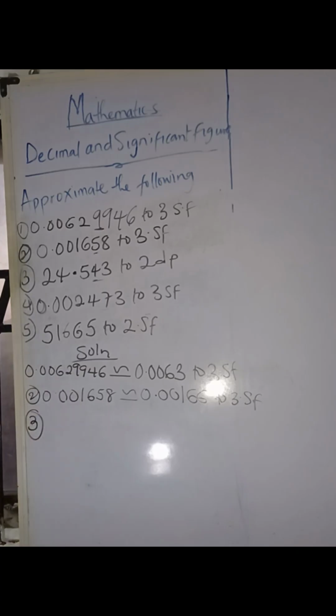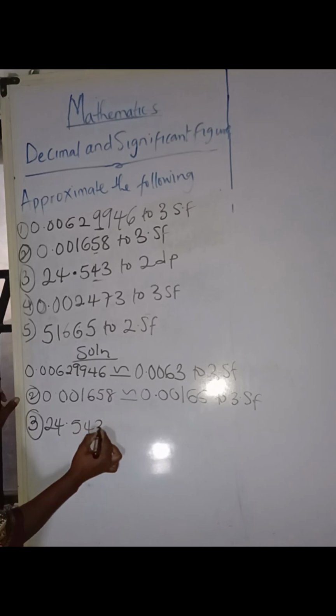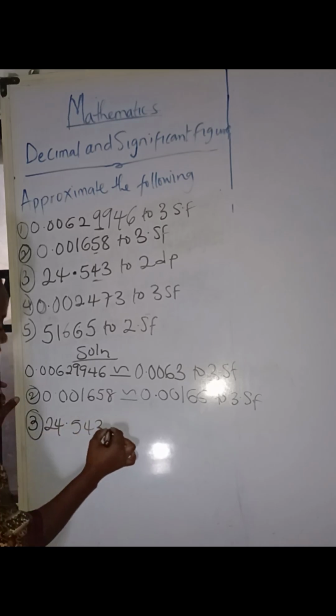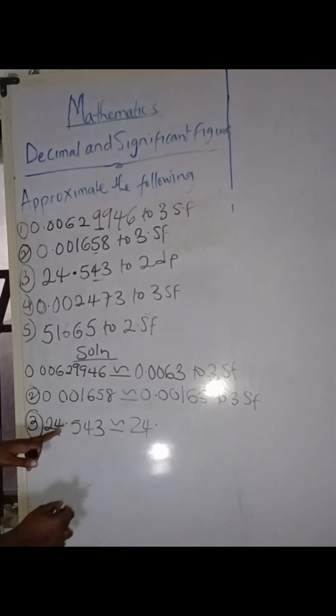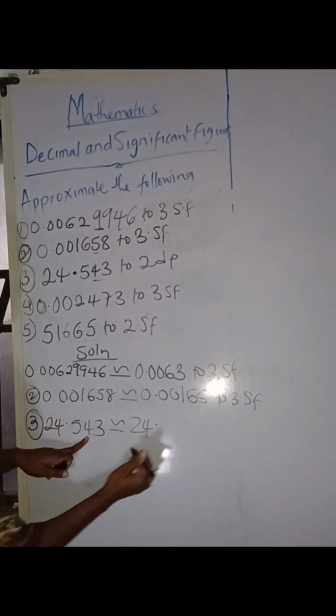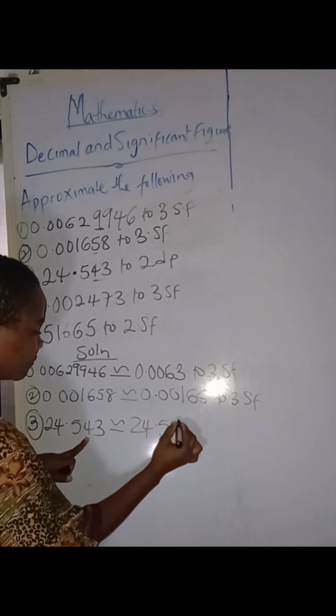So our answer, you can write down your answer before I finally write it because I've explained. So you should get your answer. So now 24.543 to 2 decimal places, it will be what? 24.54.